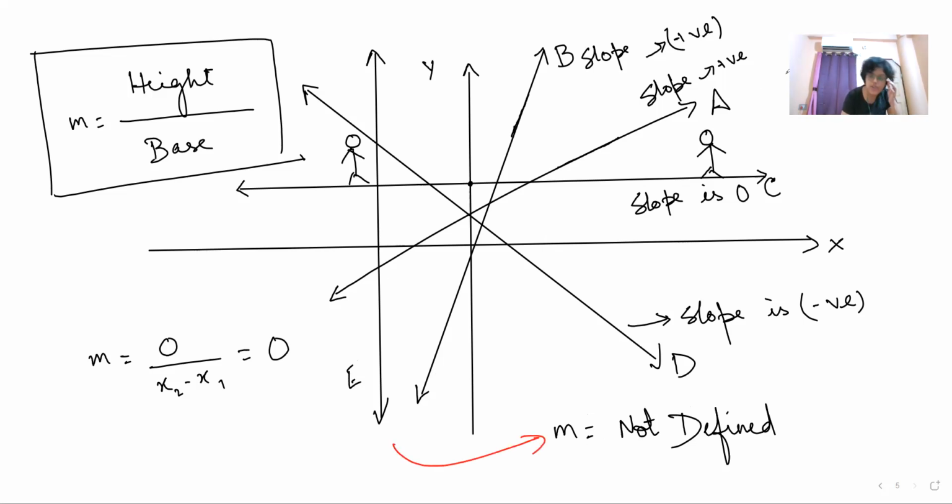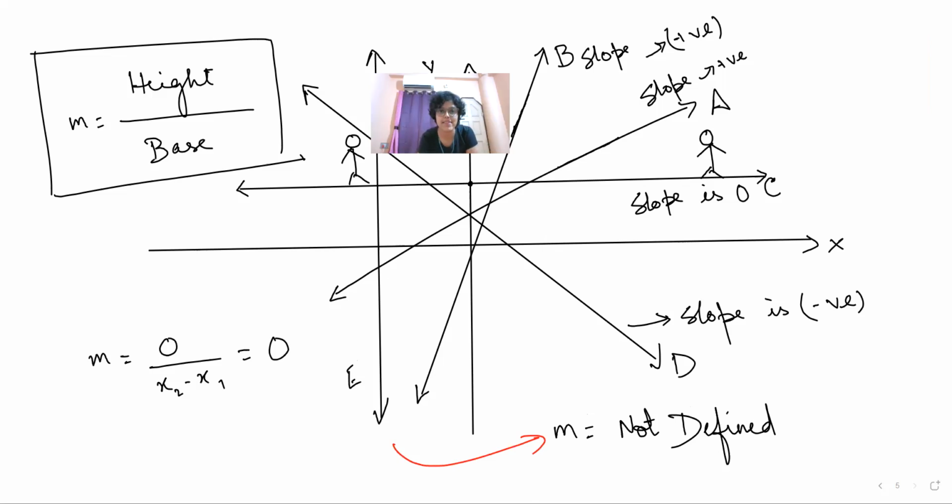So if we quickly had to categorize the types of lines and their slopes, for an ascending line, M is positive. For a descending line, M is negative. Let's do the line parallel to the x-axis first: slope is 0.